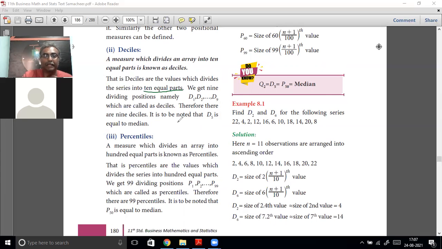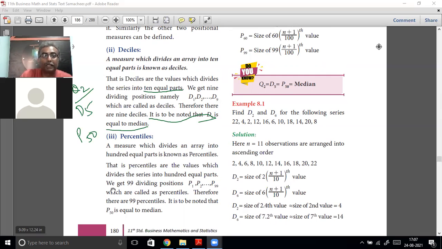So there are 9 deciles. It is noted that D5 is equal to median. Find D5 na is the same as saying find the median. Adhe mari find the Q2 nalum is the same as finding the median. D5 and Q2 are the median. Same way P50, find percentile 50, that is also median only. Okay. All these are same.